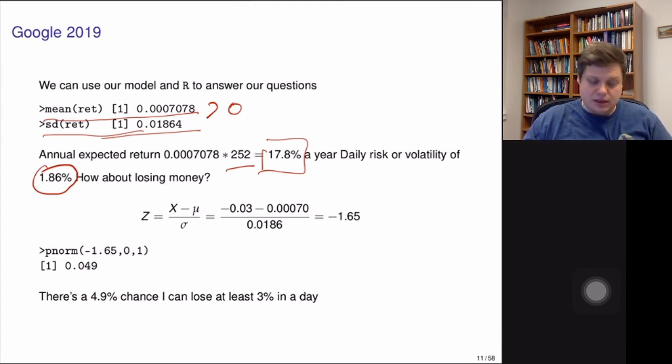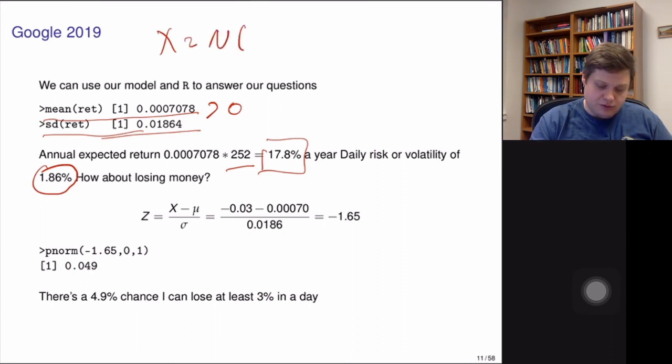Okay. So again, if you remember, we use the normal distribution, so here we assume that my returns follow a normal distribution with mu and sigma squared. So that's my mu, and that's my sigma.